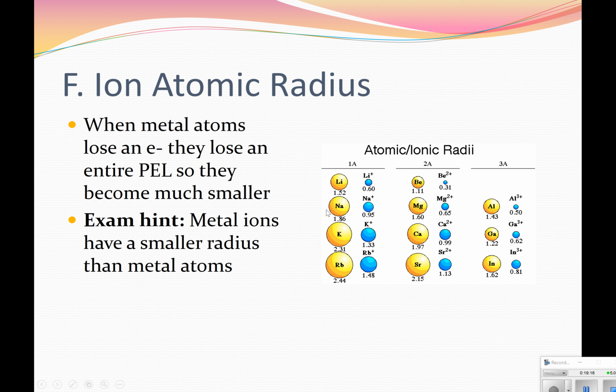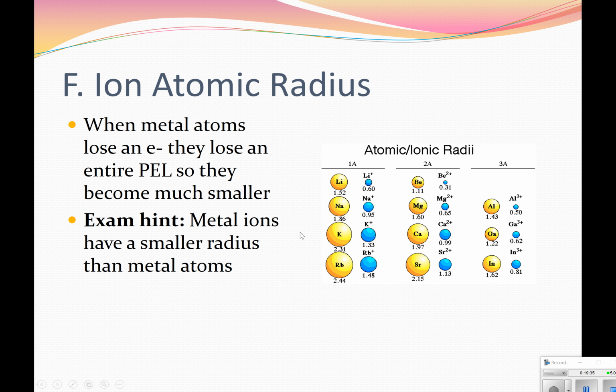So we looked at sodium on the last slide. When sodium loses its outer 1 electron, it loses the whole 3rd principal energy level, and its ion only has 2 principal energy levels with electrons in it. There's no electron in a PEL. The PEL is essentially gone.